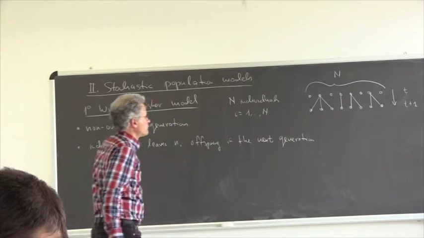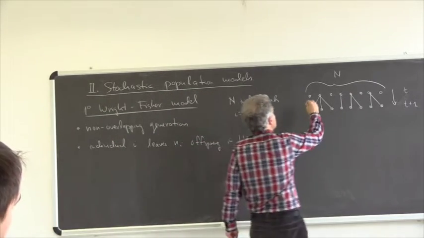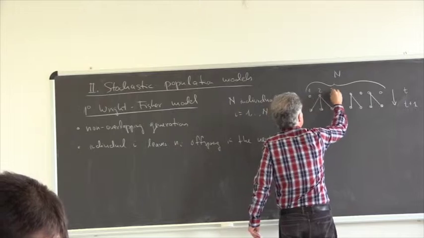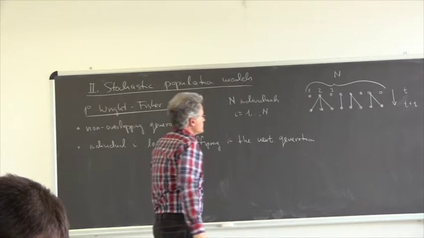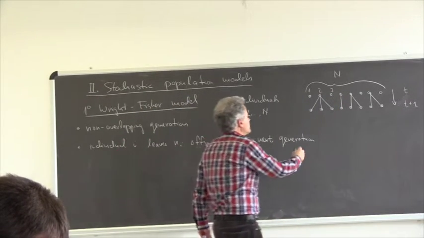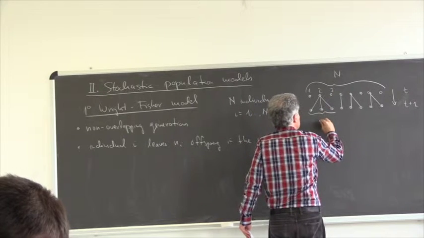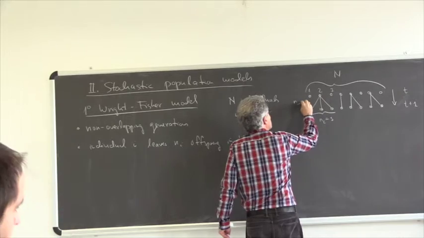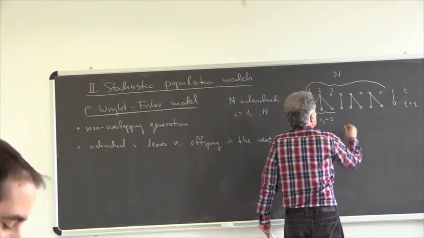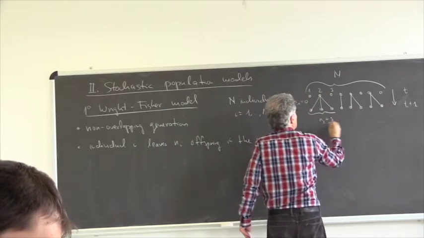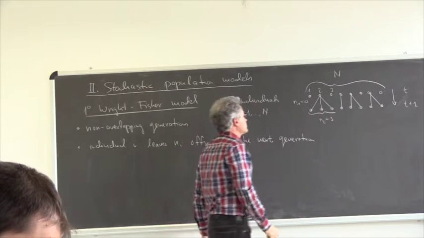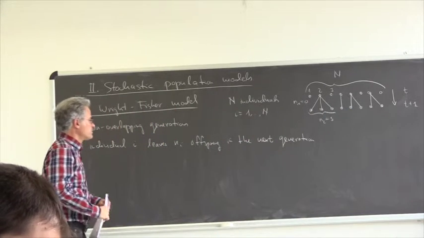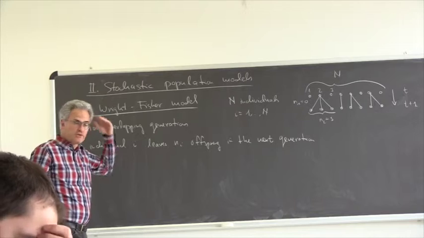In this picture, if we label these individuals by 1, 2, 3, and so on, this would, for example, mean that individual 2 leaves 3 offspring, so n_2 is equal to 3, n_1 is equal to 0, n_3 is equal to 0, and so on. Right? So this is how you should think about this. And this is essentially all that happens.